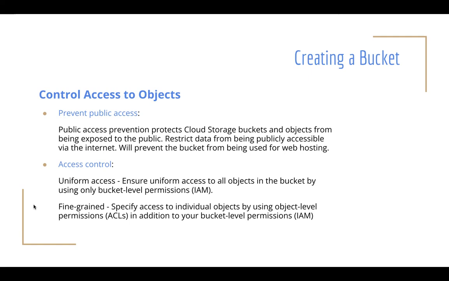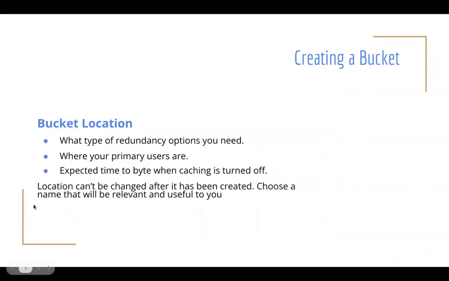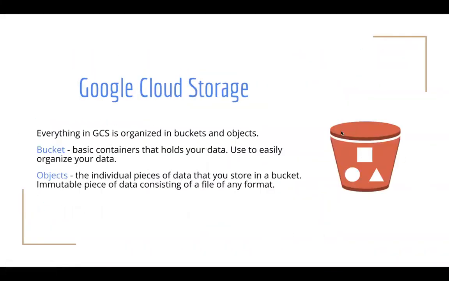But if you are going to turn on this particular feature, you can't use it for web hosting, because web hosting will require an IP address and HTTP access to the bucket. And then there is also access control, another option. In this access control, there are two options, right? If you want uniform access or you want fine-grained access. So to explain this particular concept better, let me go back to this particular image now.